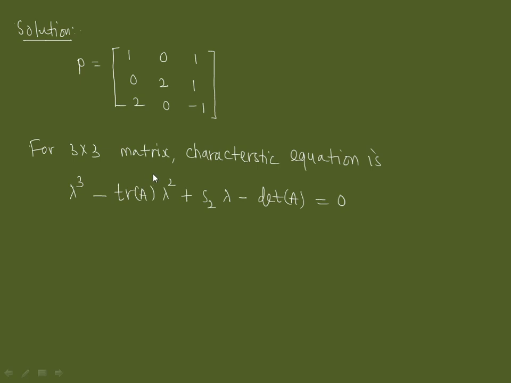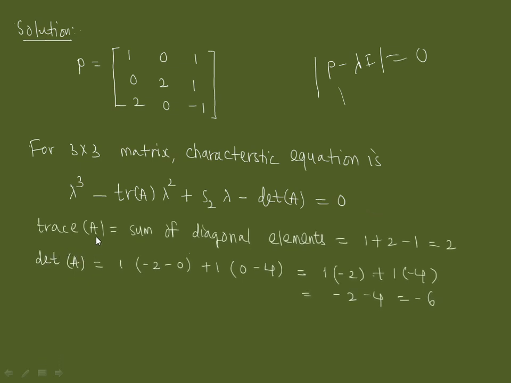For a 3 cross 3 matrix, you can find the characteristic equation by the regular method, that is, by solving the determinant of P minus lambda I equals 0. And there is one shortcut for a 3 cross 3 matrix: lambda cube minus trace of A into lambda square plus S2 lambda minus determinant of A equals 0.